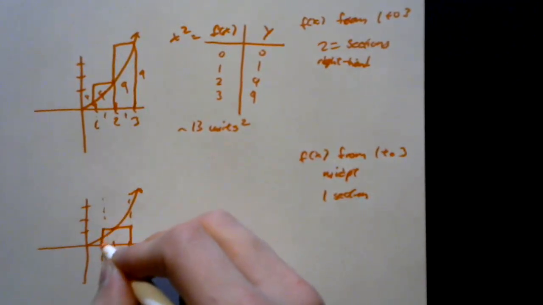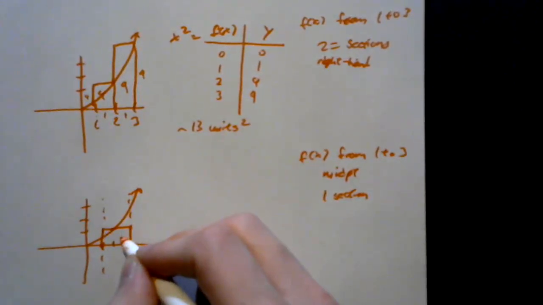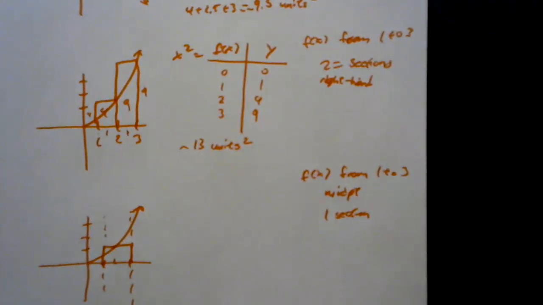So it's going to be an overestimate, but an underestimate at the exact same time. So it's going to be slightly more accurate on this one. So we know that has a base of, or a height of 4, base of 2, so the area is approximately 8.